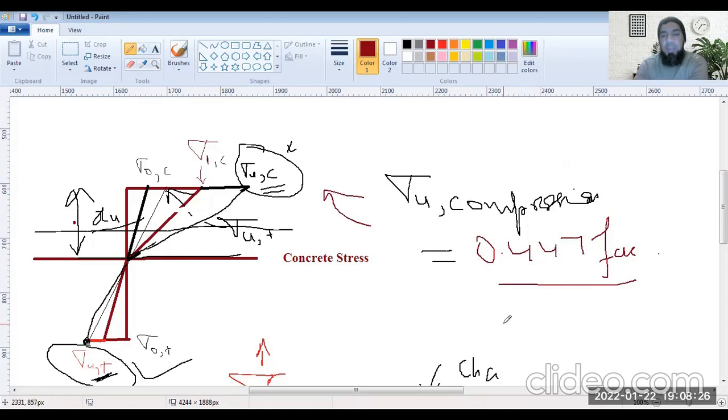Its value is 0.447 FCK. What is this? This is the stress in compression for design purposes. हम कितना लेते हैं? We take it only as 0.447 FCK. Now, your concrete should have stress less than 0.447 FCK.